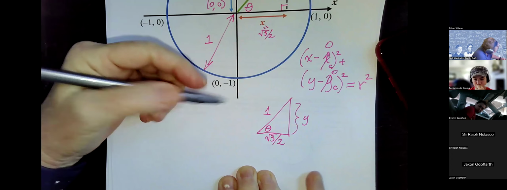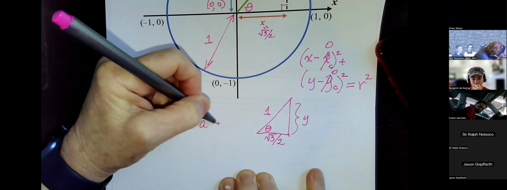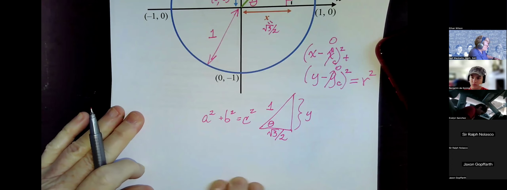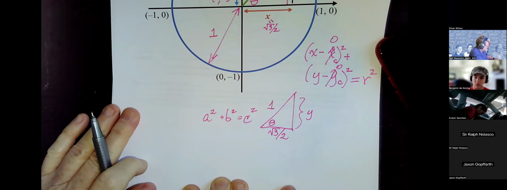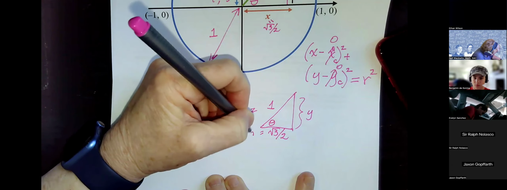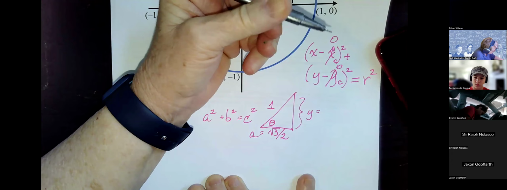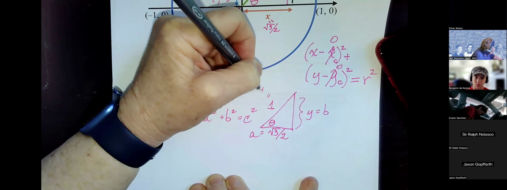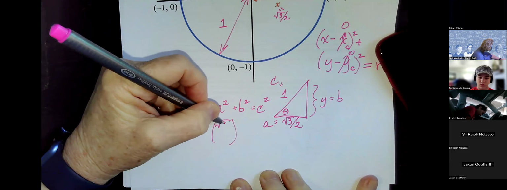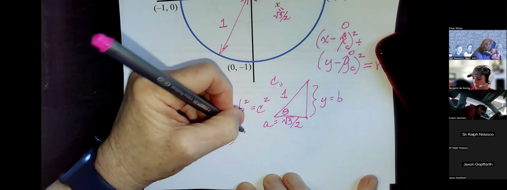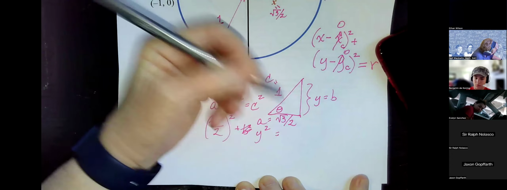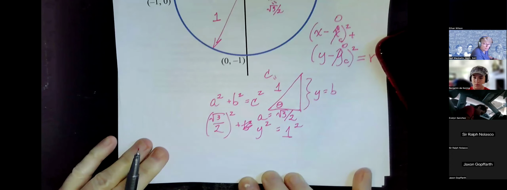A squared plus B squared equals C squared. Beautiful. Which one shall we label A, which B, which C? We can do the square root of 3 over 2 as a, and y will be b, and then the hypotenuse can be c. So we've got square root of 3 over 2 squared plus y squared equals 1 squared.